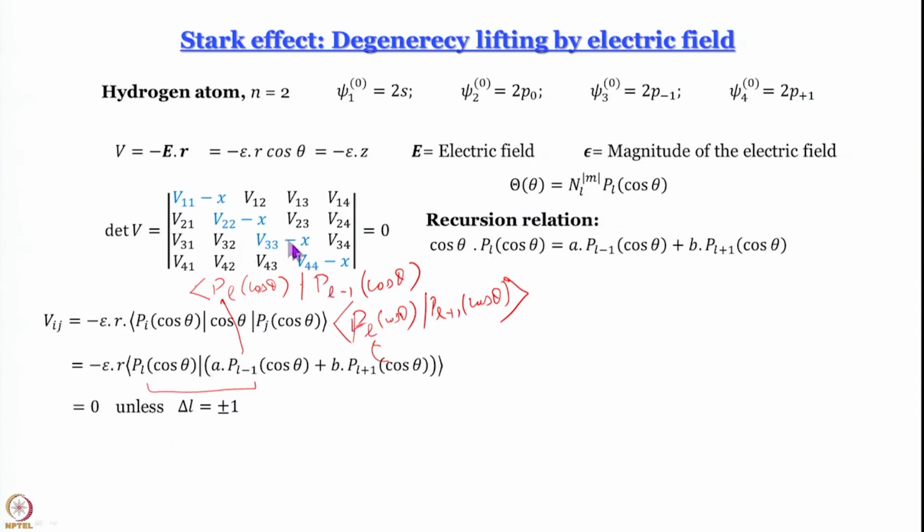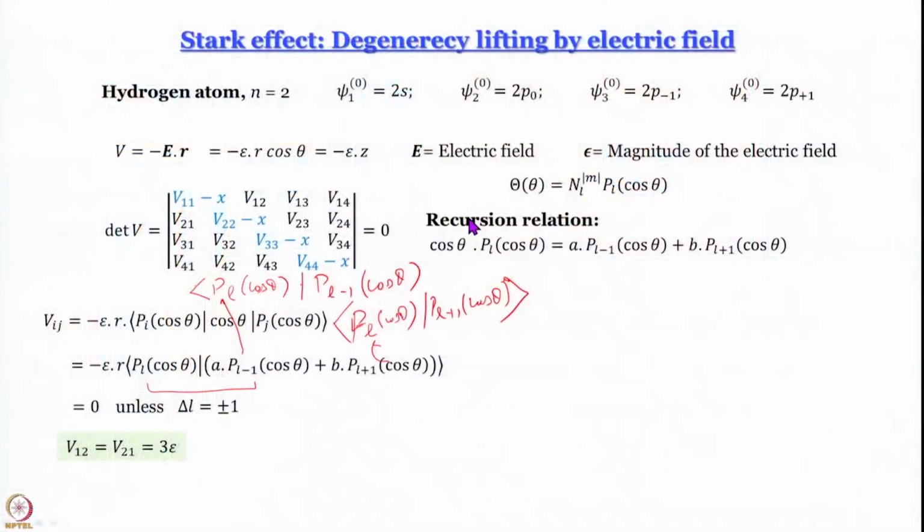What we see is that V12 is going to be non-zero because delta L is equal to plus or minus 1. Similarly, V21 is also going to be non-zero. In case I talked too much and confused you over the last 2 minutes, let me just say it once. We have proven that Vij is equal to 0 unless delta L is equal to plus or minus 1.